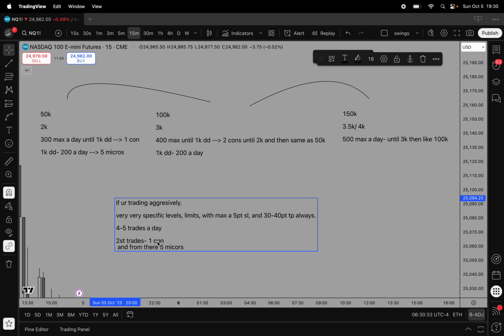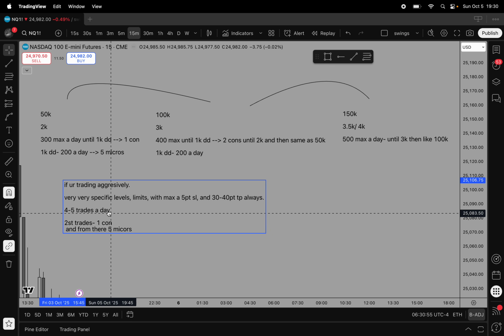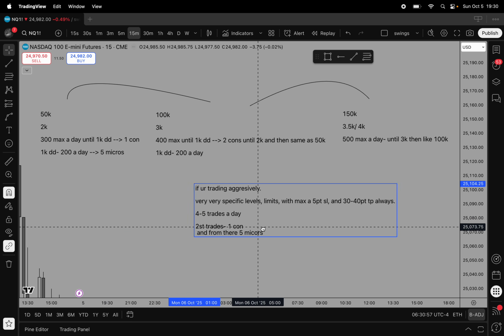Every time you're risking a trade, you're going to be risking $100 with one contract, and then $50 with 5 micros. So you have a chance to pretty much trade the exact same and do the exact same, doing maybe 1 trade a day instead, with just like a 10 point or 15 point or 20 point stop loss, right? That's if you're trading aggressively.